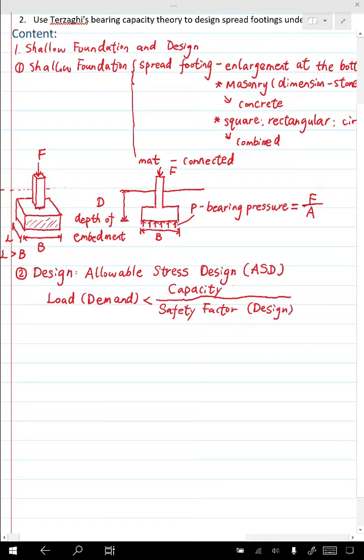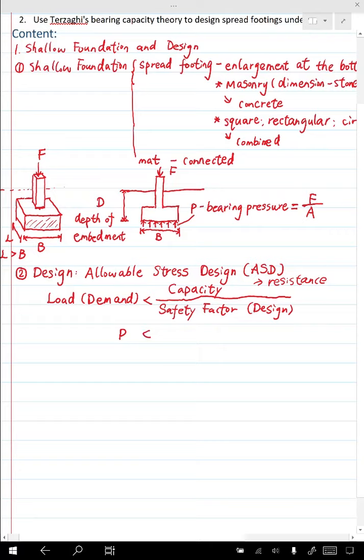So capacity, that's the resisting load, resistance. That's the force that can help stabilize the structure. And the load, that is the load will fail the structure. So these two types of forces compete with each other. And safety factor is the ratio between them. If we write this using the symbols in foundation design, we will have P, small letter p.